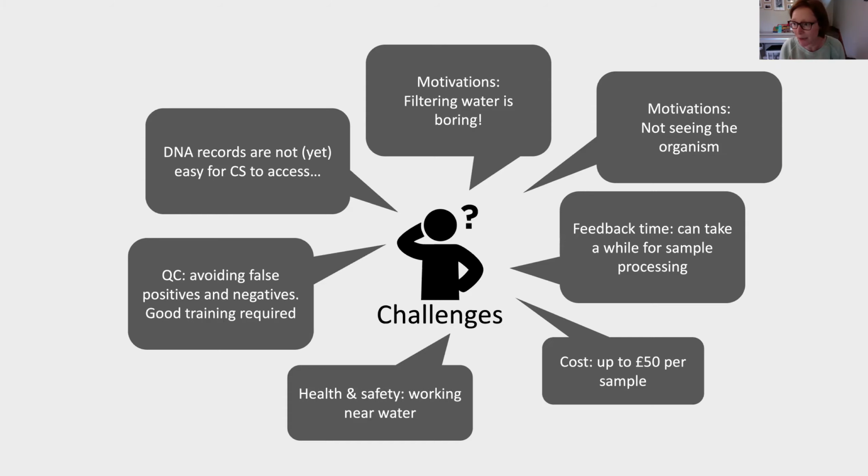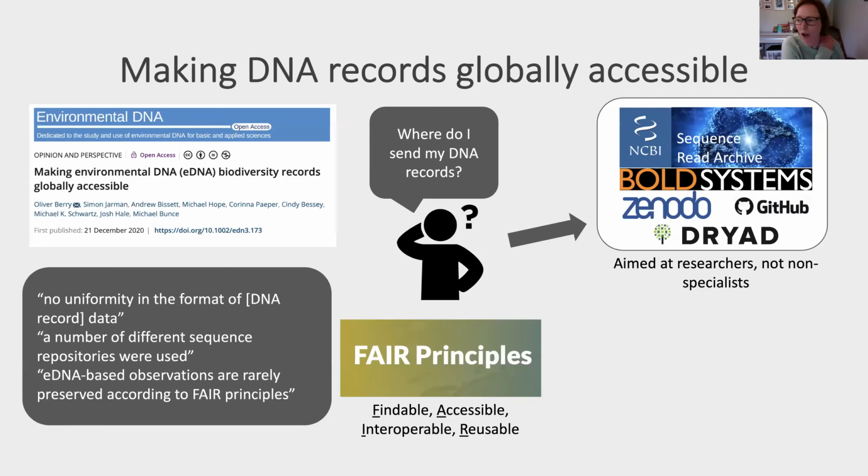And the very last point that I want to pick up on, which I think is really relevant, and I'm really pleased that I'm following Jodie here because it's really Australia leading the way, is what we do with the DNA records. At the moment, it's not easy for citizen scientists to access DNA-based records at all. And there was a great paper, so I've been harping on about this, as Helen will know, since 2015.